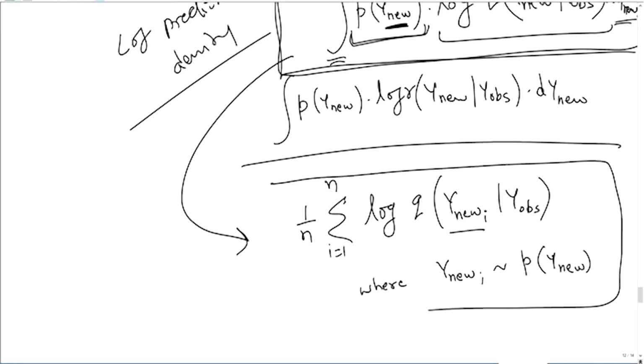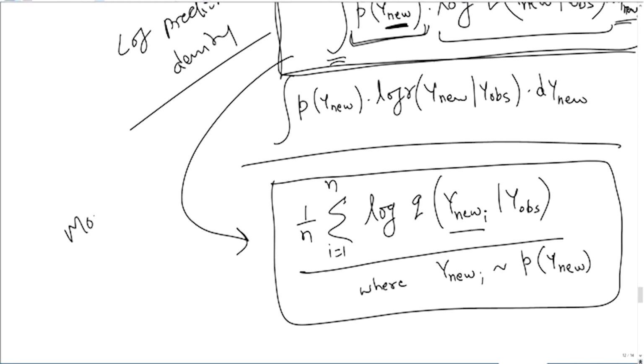You can rewrite the statement like this, so this term will be an approximation of this integration. This is called Monte Carlo integration.